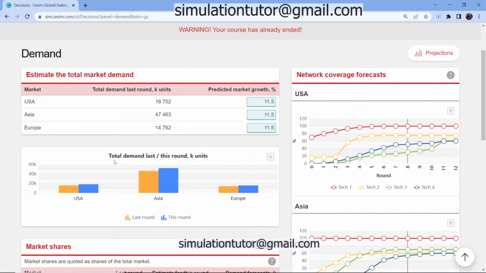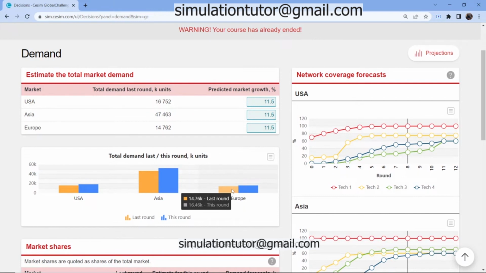Down below we have the total demand in the last round versus this round. The blue one is this round. So here we can say we had 16.75. Again, this is in thousands. So this one is 18,000. Last round they sold 47,000 in Asia, and they are projecting to sell 52,000 in this round.